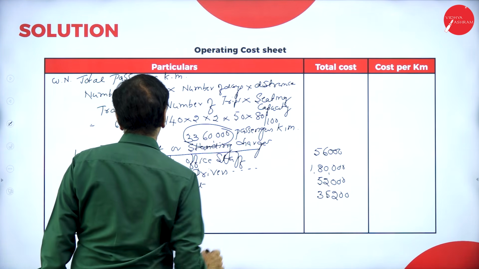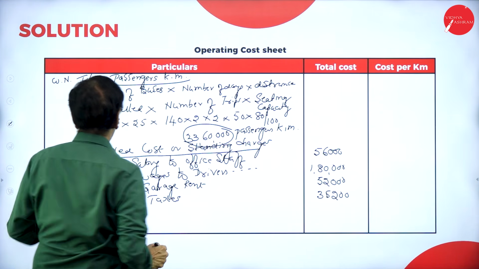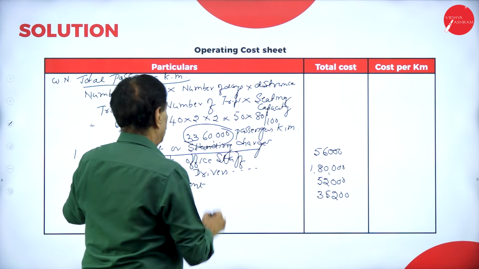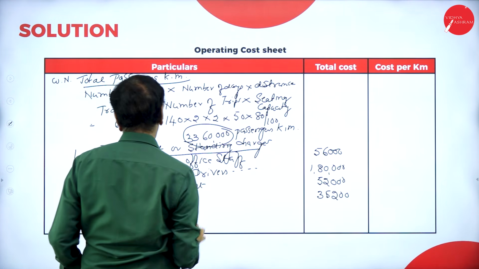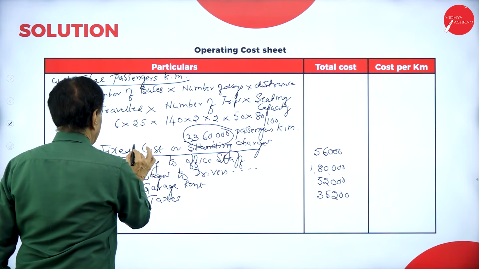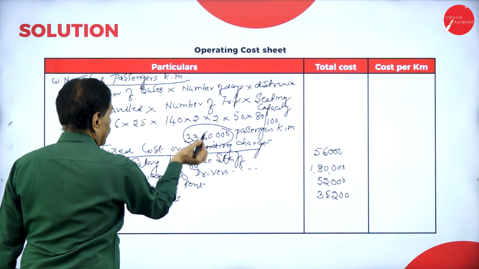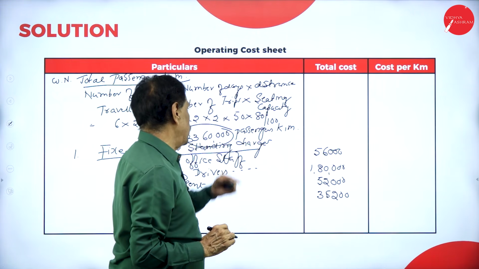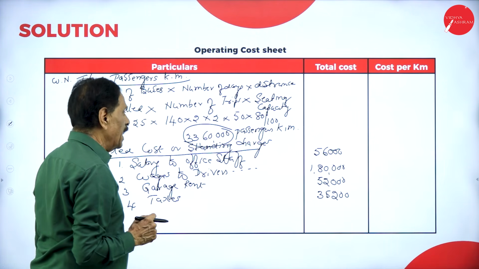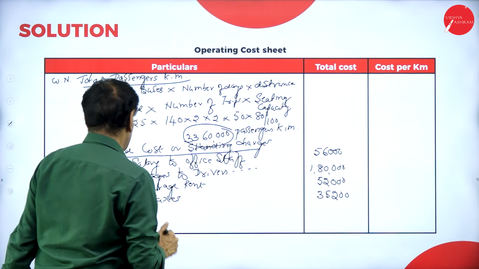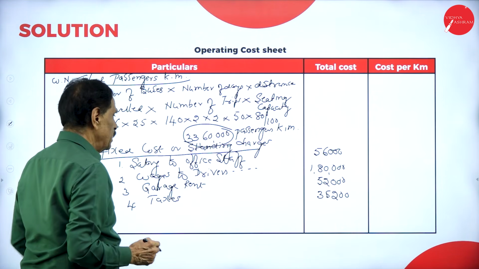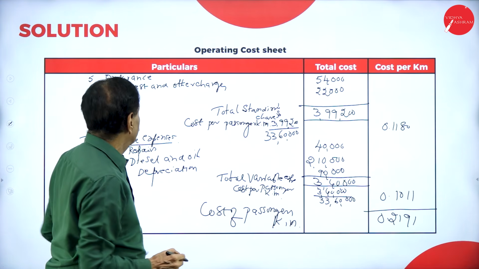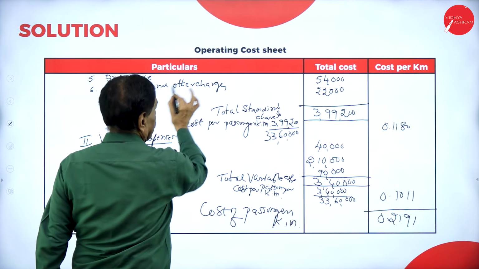How to calculate the first one? Total passenger kilometers: number of buses 6, number of days 25, distance traveled 140, into 2 trips, into 50 seating capacity, occupied 80%. It works out to 33 lakh 60,000 passenger kilometers. Fixed or standing charges are salary, wages, garage rent, taxes, insurance, interest and other charges.